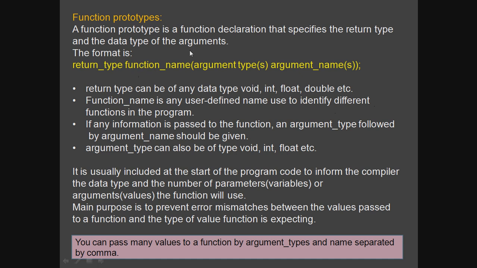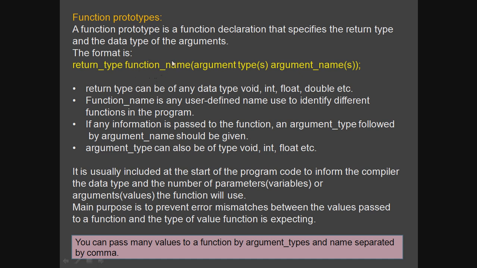In the program, you may have many different function names, and all these function names are identified by the user defined function names. Clear? We may use more than one function, we may use two, we may use three. So in order to differentiate one function from another, the user defined function name is used.